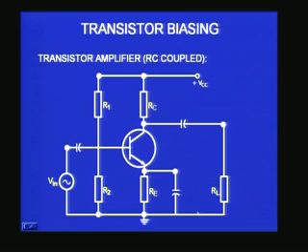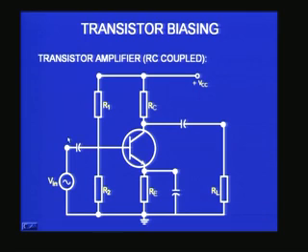So all the AC signal will find an easier path compared to RE, and they will go back, and that means this voltage VE will not be modified by the signal that I am amplifying. So this is a bypass capacitor.